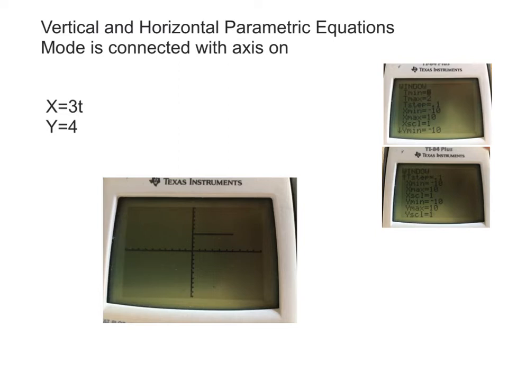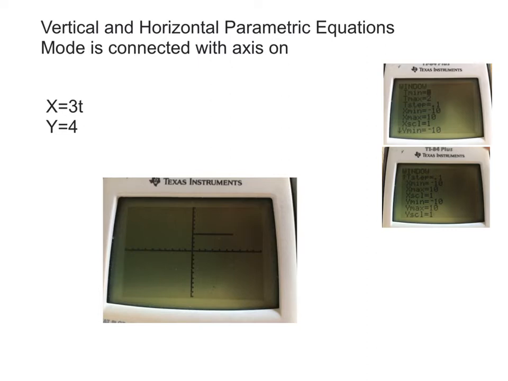Now that you have all that set, what you can do is type the equation in and press graph, and you'll notice that you end up with a horizontal line. That horizontal line, every point on it has a y value of 4. So if you were to push trace and trace along that, you'll notice that t increases by 1/10 or 0.1 from 0 to 2, giving you 20 points along that line.